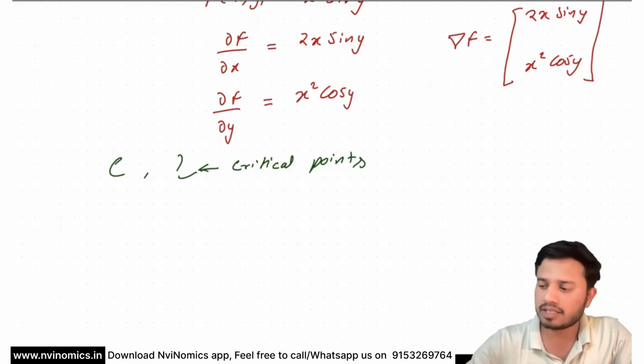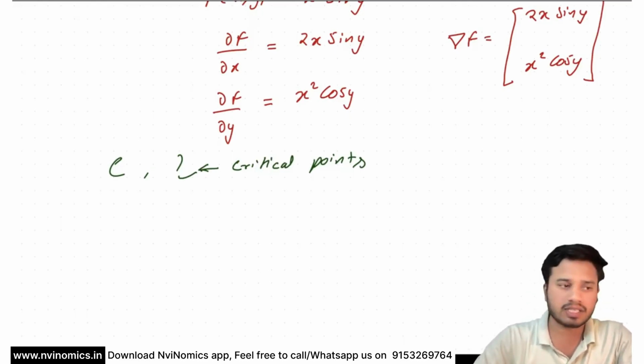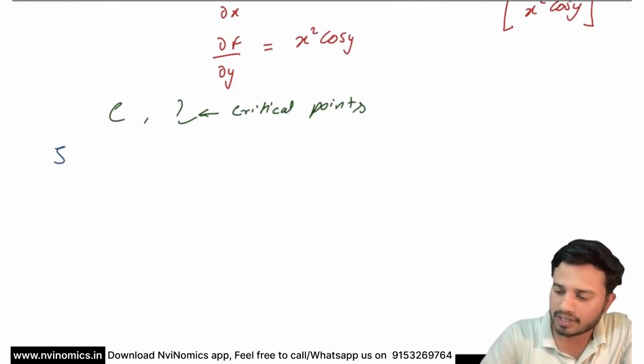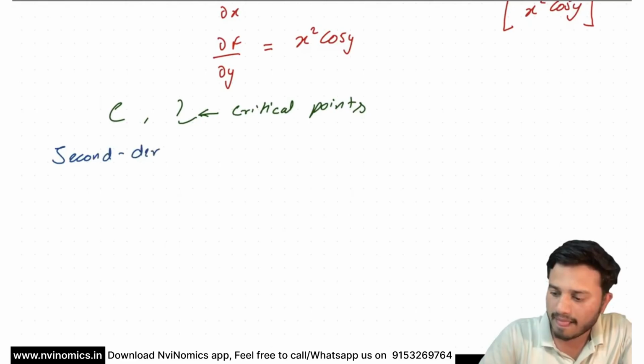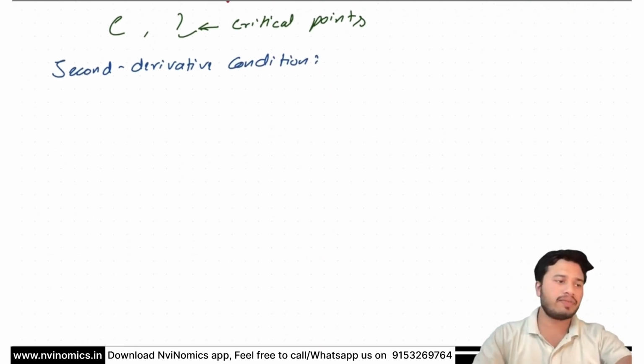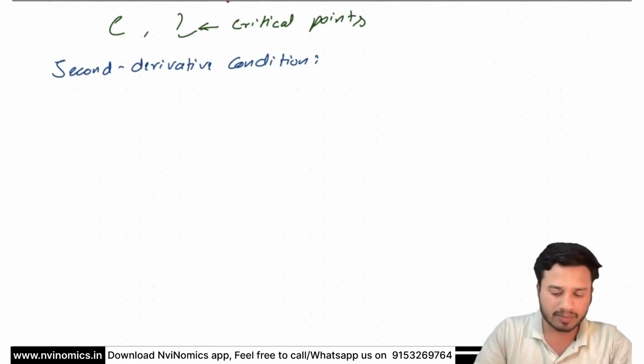So again, just like in the single variable case, here we have the second derivative condition. Now the idea of positive definite and negative definite matrices will come into the picture.